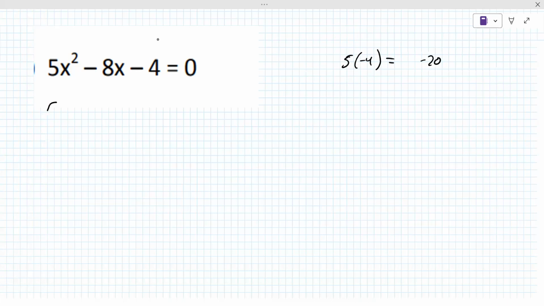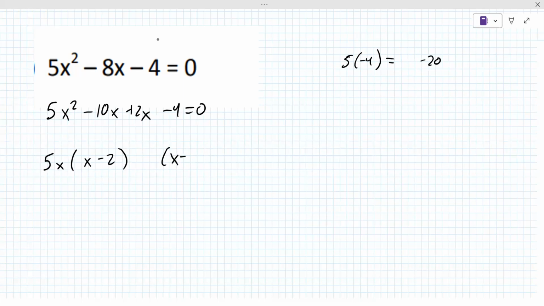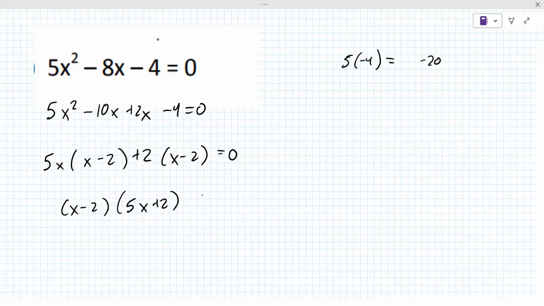So this is where you go 5x squared minus 10x plus 2x. This time you have to break it apart this way. So factor out 5x. And then you get x minus 2, then move that over and multiply by 2. So then 5x plus 2, x minus 2. And then your solutions would be -2/5 and 2. Very good.